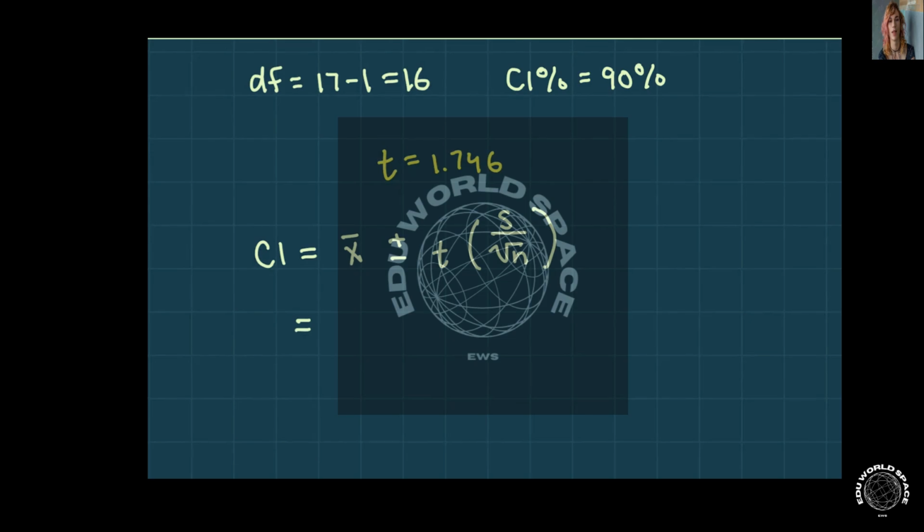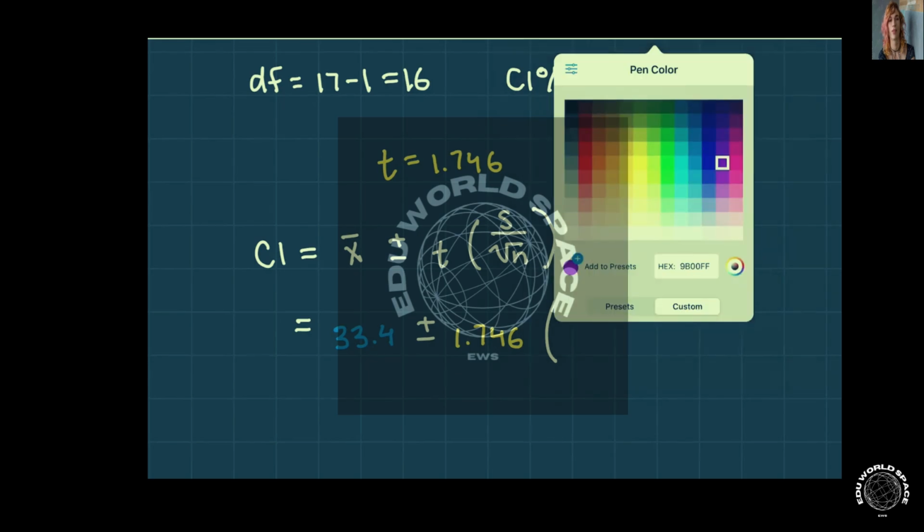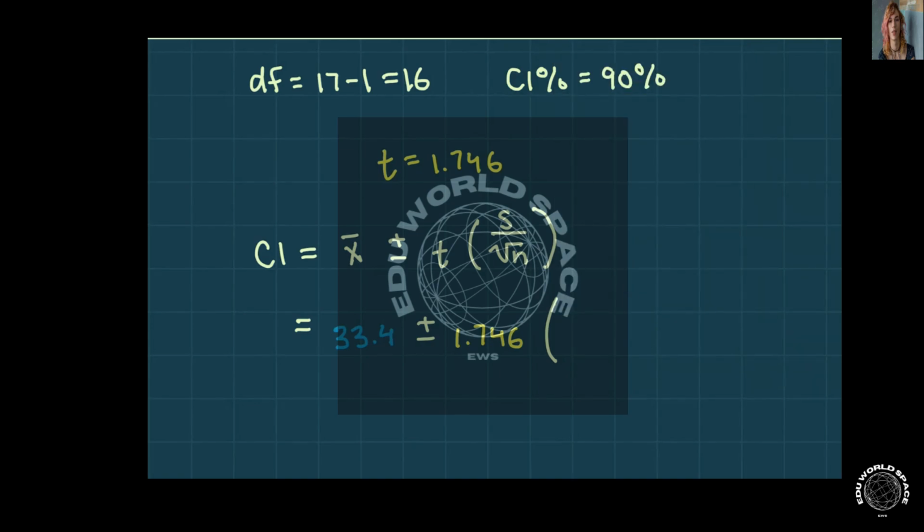We know that our x bar was 33.4, which I believe I made blue. We are going to plus or minus our t-value, which is 1.746. Let me rewrite that. And we're going to multiply that by our standard deviation, which I made purple, and that was 28.7, all over the square root of 17.